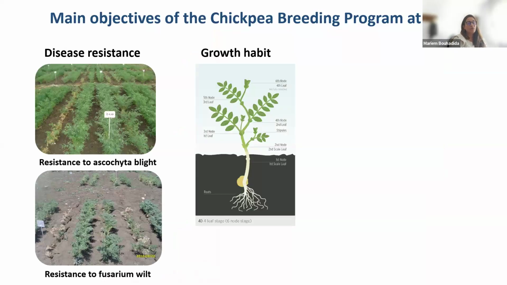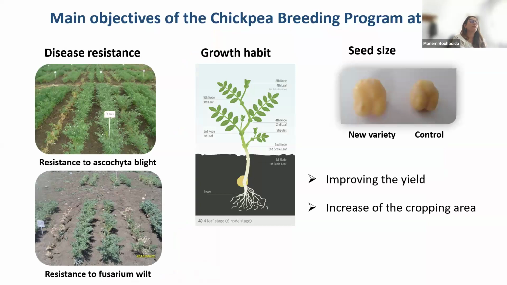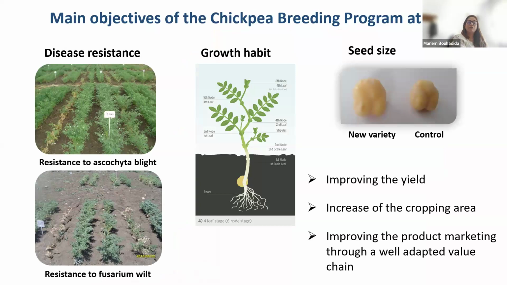So the main objective of the chickpea breeding program, now we are going to focus more on the chickpea breeding program at INRAT. We are focusing on the release or selection of lines with good resistance to Ascochyta blight, Fusarium wilt, growth habits, and having a large seed size, since consumers have a preference for big seed size.